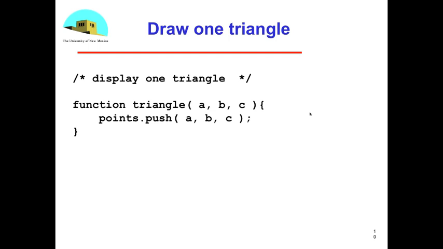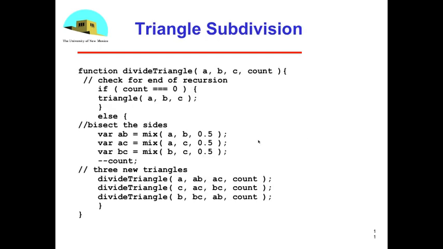Okay, now here's the rest of the subdivision program. I give it 3 vertices and how many times I want to subdivide. As I said, if it's the end, and the count is exactly 0, I'm going to push those 3 vertices onto the stack. Otherwise, I'm going to create the bisectors. The bisectors use this mix function.